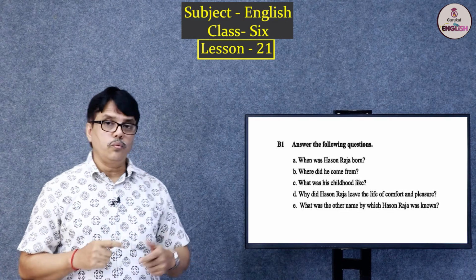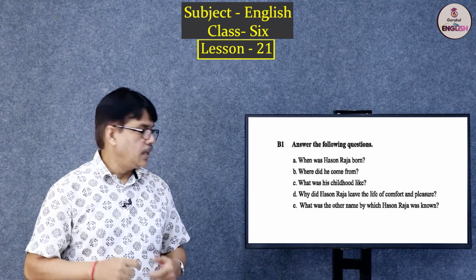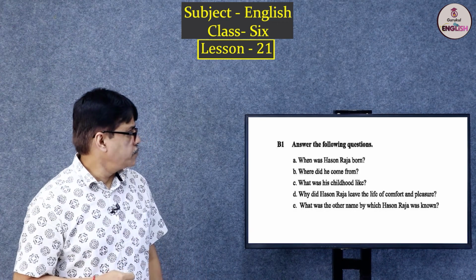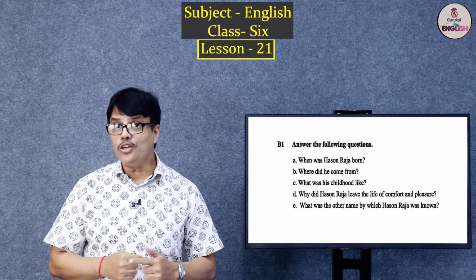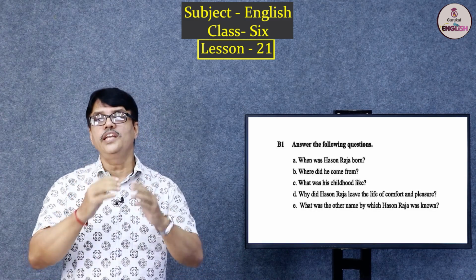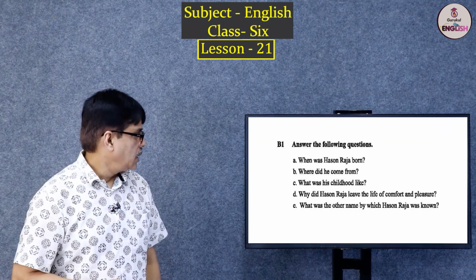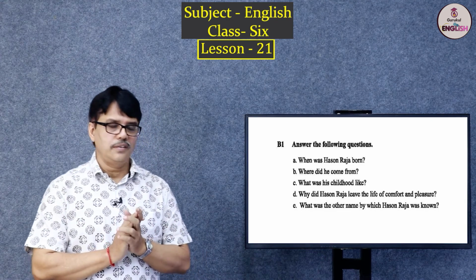So, we have to answer in past tense. Hason Raja, past tense of leave, that is left the life of comfort and pleasure because he thought that all the things were meaningless. For this, he left the life of comfort and pleasure.